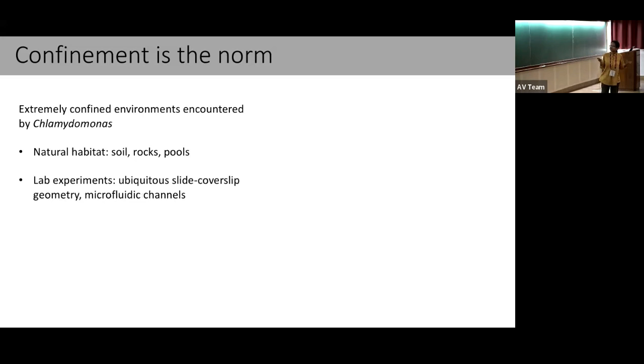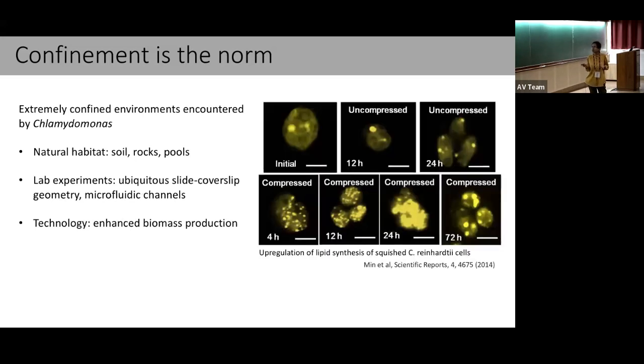And in lab experiments, of course, people would look at them in microfluidic channels, in slide-coverslip geometry. And more recently, there is some technological implication that if you really squish these cells, then you can get upregulation of lipid synthesis, and so it has implications for biomass production.